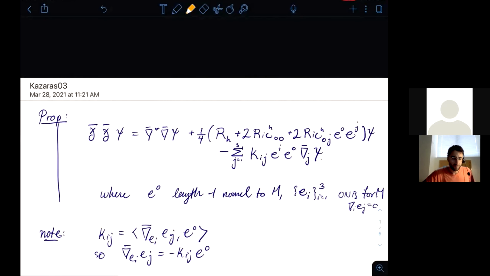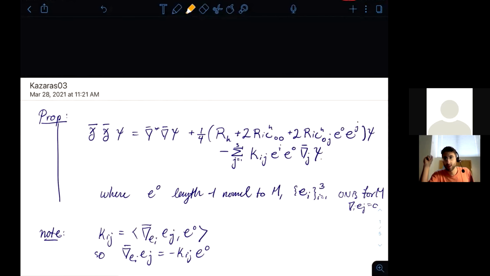We'll pick up where we left off with the main geometric formula for the square of the Witten-Dirac operator. This is the Dirac operator that we make on the SL2C spinor bundle using the connection from the Lorentzian manifold N. This is the heart of the argument.